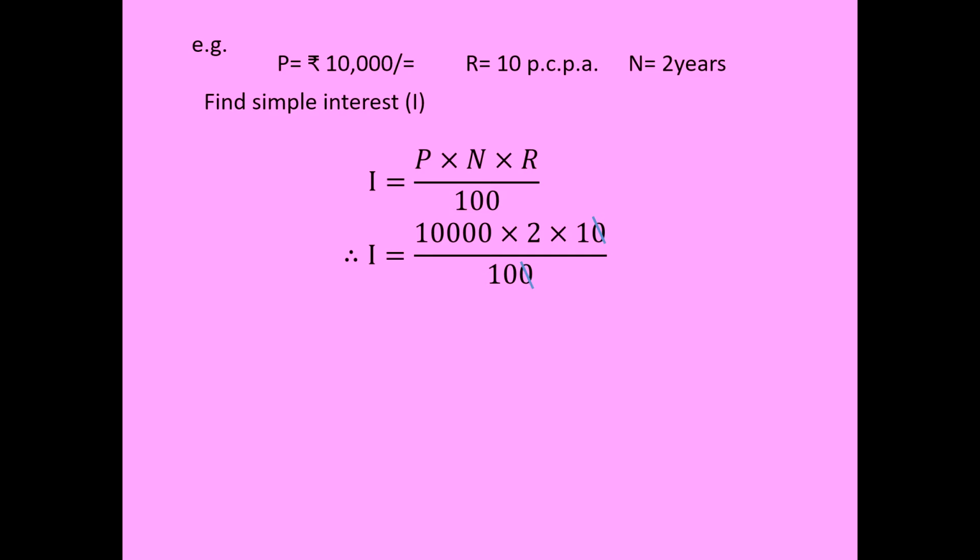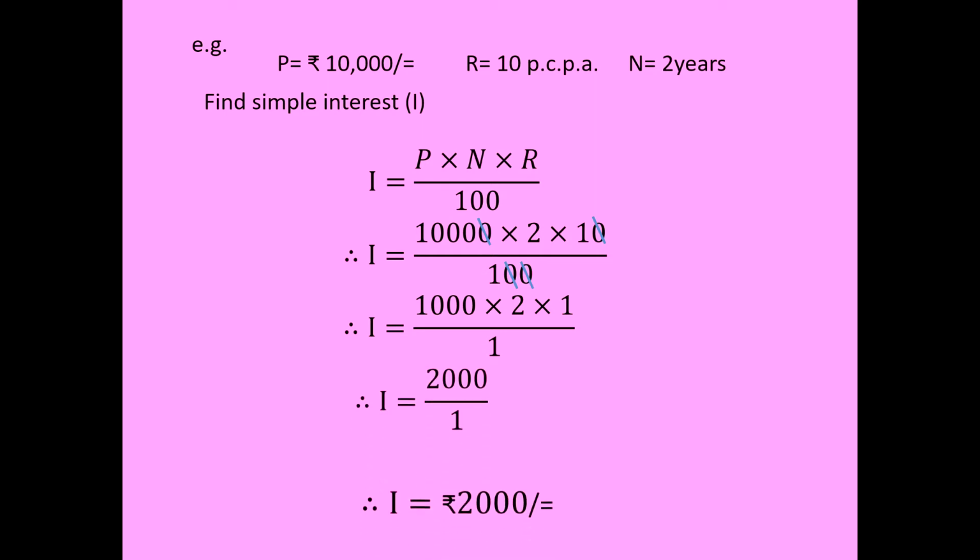So one 0 gets cancelled from both numerator and denominator. The other 0 also gets cancelled. So you are left with 1000 into 2 into 1 in the numerator, and in the denominator you have 1. After simplification, you get interest as 2000 rupees. Clear? So you can write down simple interest equals rupees 2000.